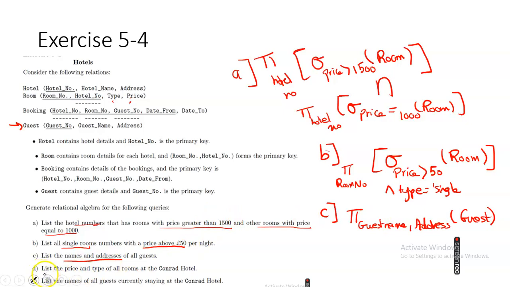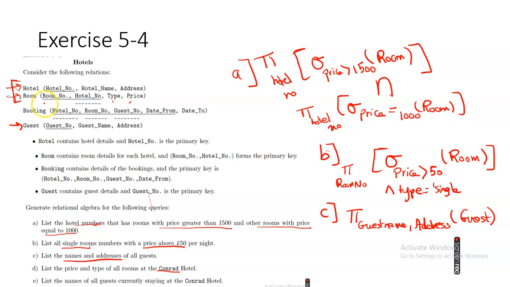The last one we are going to make today is D. List the price and the type of all rooms at the Conrad Hotel, which is the name of the hotel. We want to get the price and the type of all rooms in a certain hotel. Let's see where we get the output of this query. The name of the hotel is found here, so the selection should be done from here. The price and the type is here, so at the end the output will be taken from these two relations.